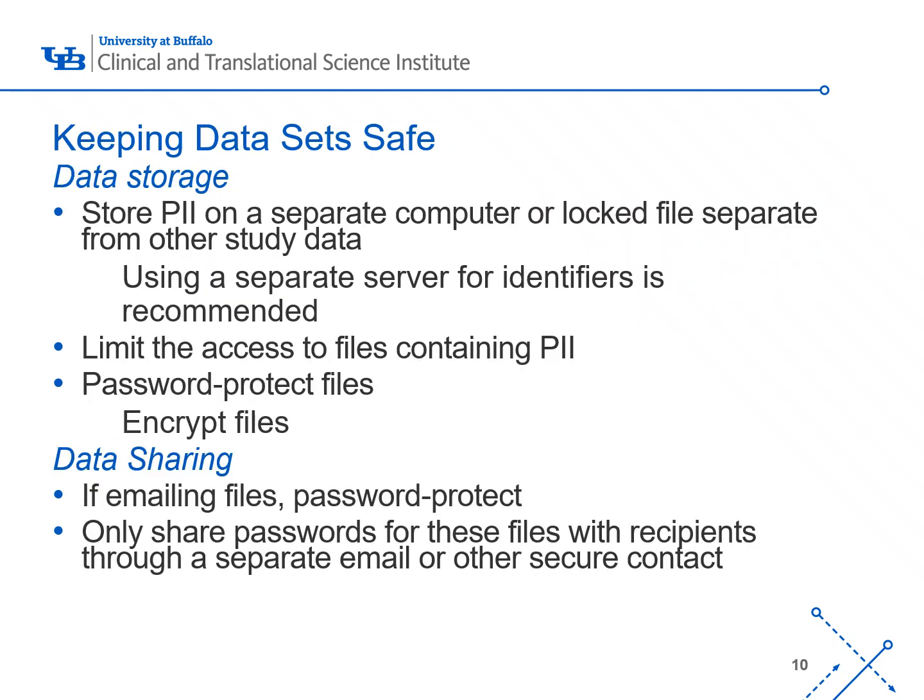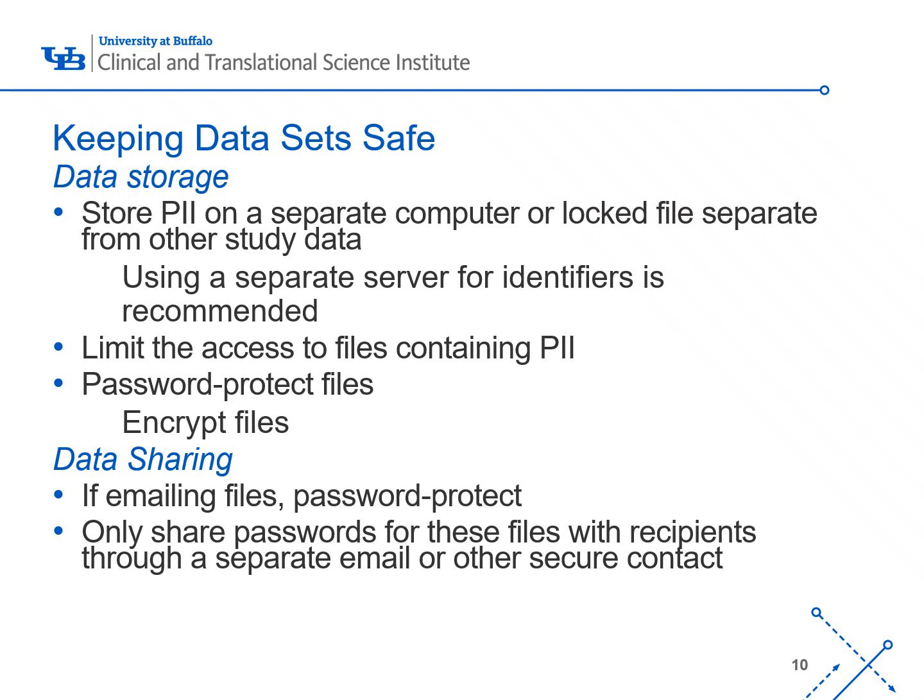In a large portion of studies, confidentiality of participants' information is the sole or most important risk to that particular study. So it's always important to keep your data sets as safe as possible and stored as safely as possible. Some IRB recommendations for data storage are to store your personally identifiable information on a separate computer or a separate locked file from the rest of the study data whenever possible, which I've referred to in a few other slides.